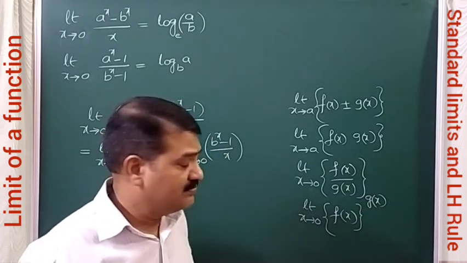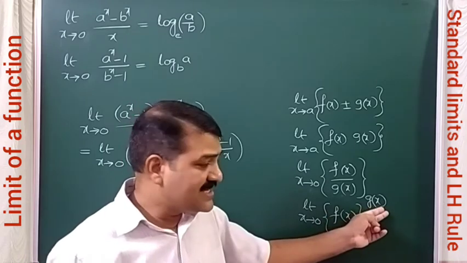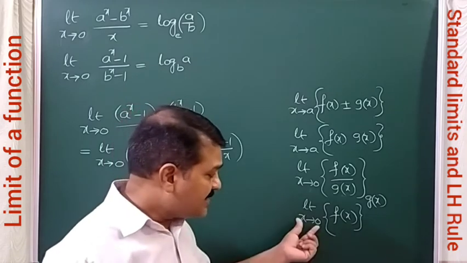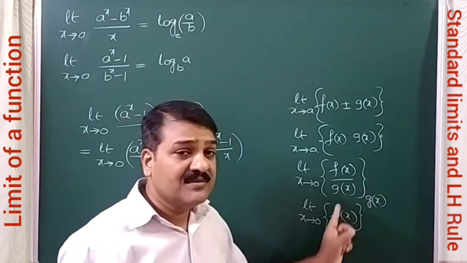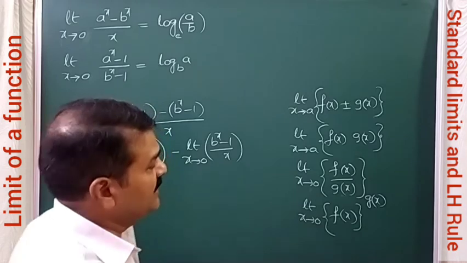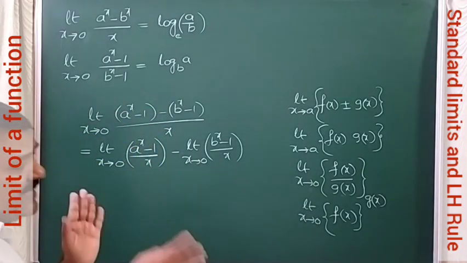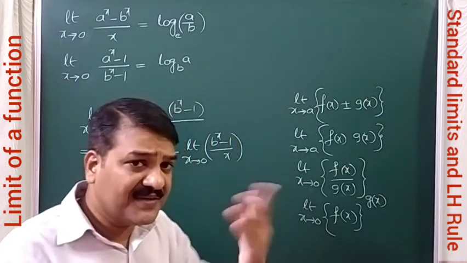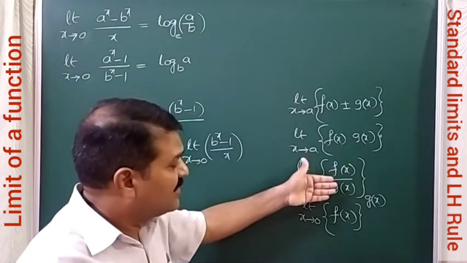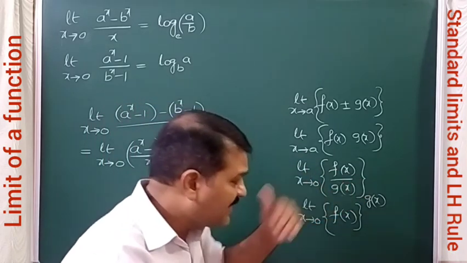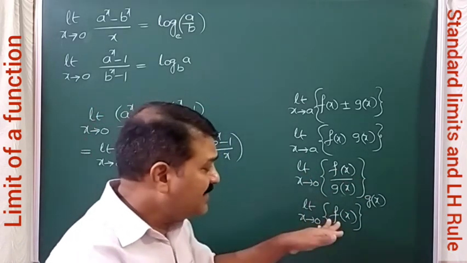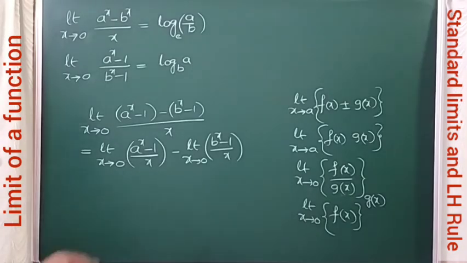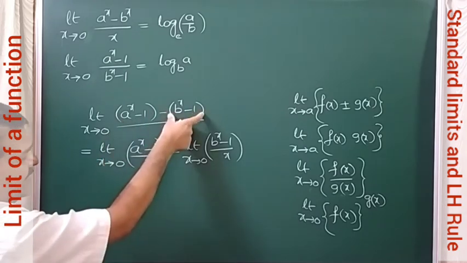That means you should not get this as 1 and this as infinity, because 1 power infinity is an indeterminate form. So like this we can separate the limit for algebraic sum or difference of two functions, product, ratio, power function. You can write limit separately, but the limit must be finite and existing. Okay. So I separated the limit for this one and this one.